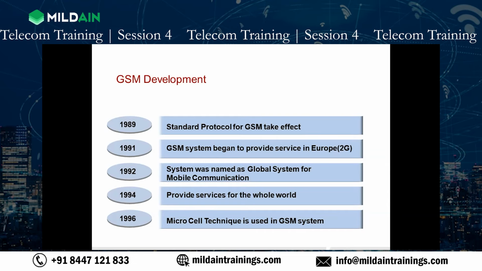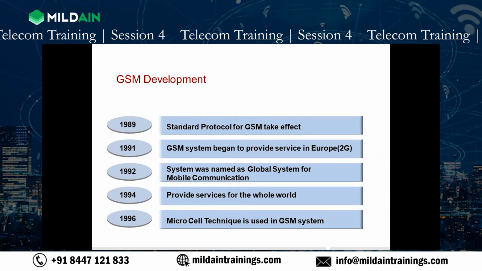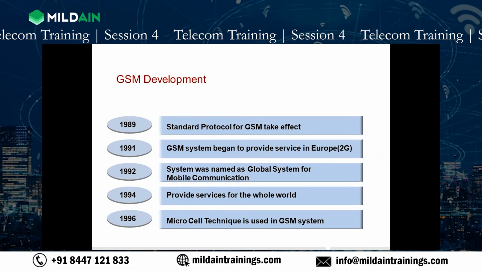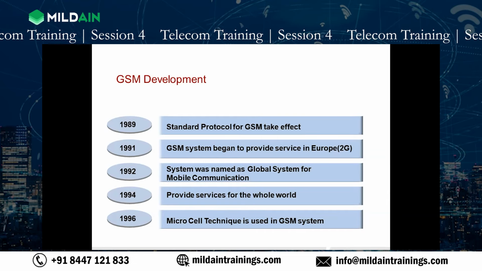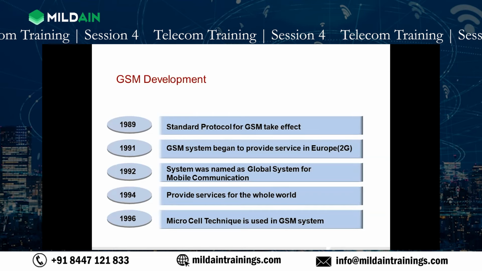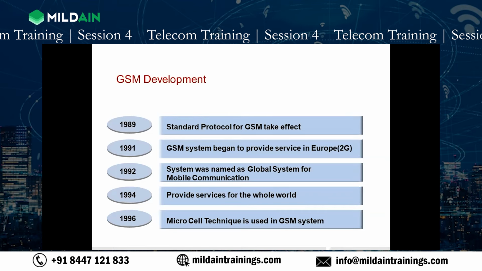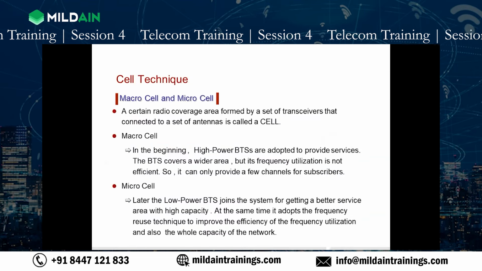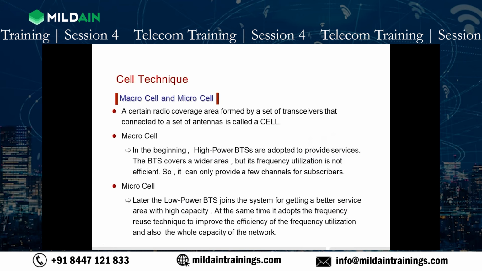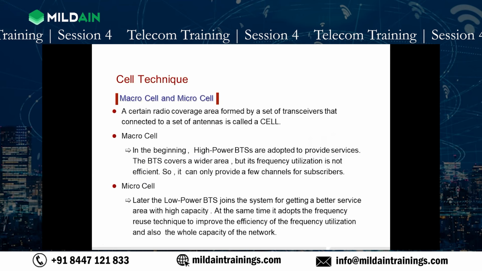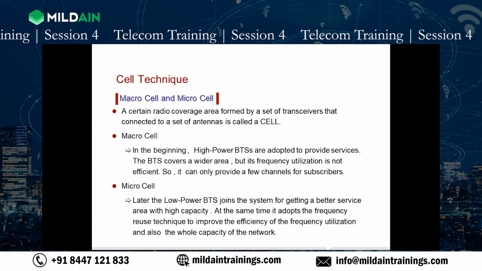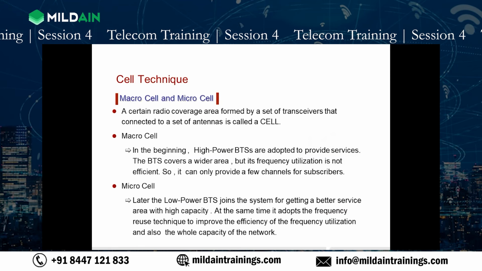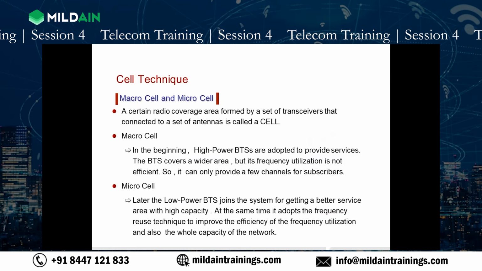Cell phones at that time were only point to point, but the actual microcell technique, geographical coverage, started from 1996. Here the macrocell was basically developed as wireless because copper cable was not available over distances of 4 to 520 kilometers.